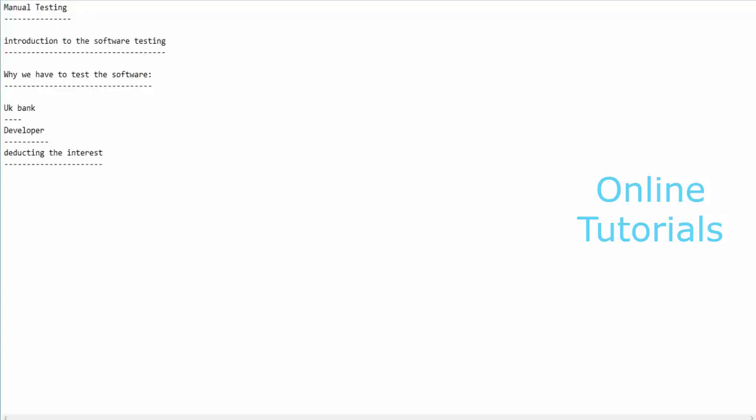Now the testing definition, in olden days, not nowadays, is nothing but testing the application, checking the functionalities of an application, meaning whether the particular application is working as per customer requirements or not.